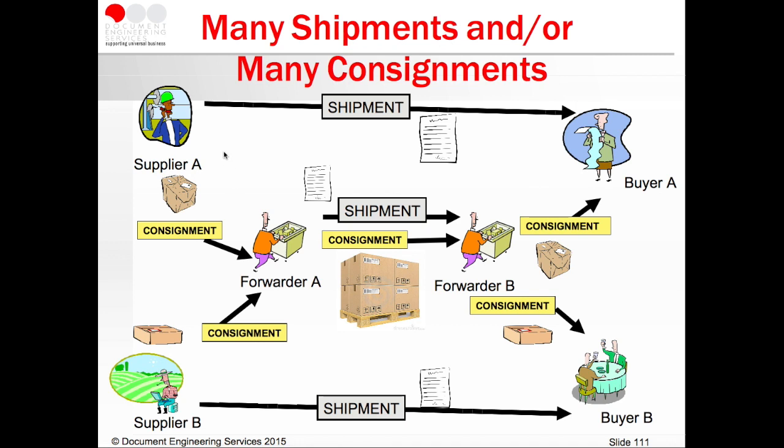That shipment, in the most simple sense, would also be the consignment if supplier A and buyer A were dealing with the physical movement of the goods. Supplier A may provide the truck, for example, that delivers to buyer A, and that would be a consignment is one shipment. But in most situations, and certainly international freight, there are intermediaries, there are forwarders involved.